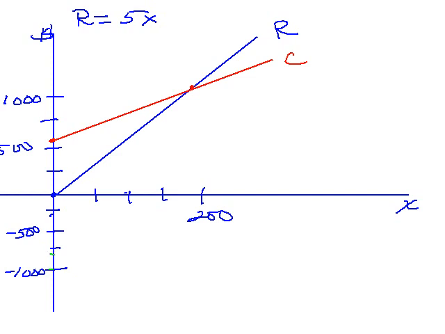Now let's look at the profit. Profit starts at minus 600, and at break-even, at this 200 mark, the profit is 0. And here is the graph for the profit.